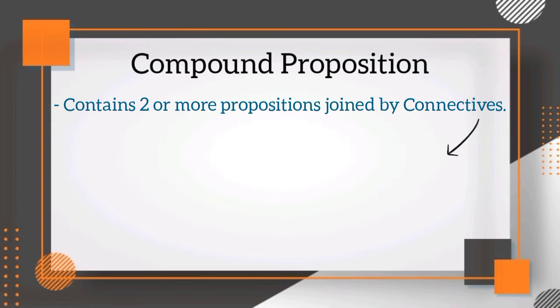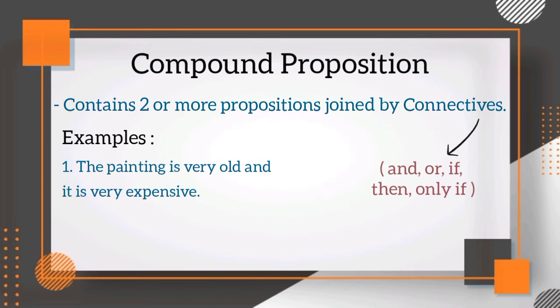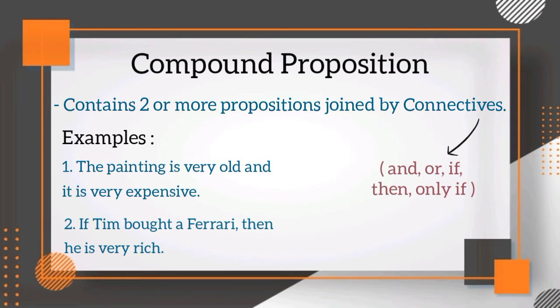And these connectives are words such as and, or, if, then, and only if. Examples are the painting is very old and it is very expensive. As you can see, these are two propositions joined by connectives and. Example, if Tim bought a Ferrari, then he is very rich. As you can see, these are two propositions joined by connectives if and then.